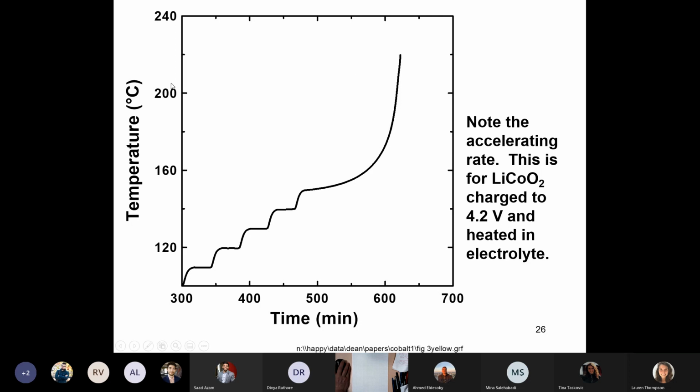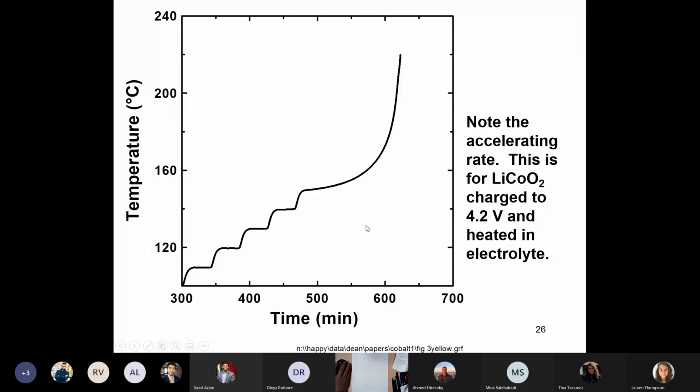So this is where we got to last day. We're talking about accelerating rate calorimetry, and this is the temperature versus time plot for lithium cobalt oxide reacting with the electrolyte. This material is charged at 4.2 volts.